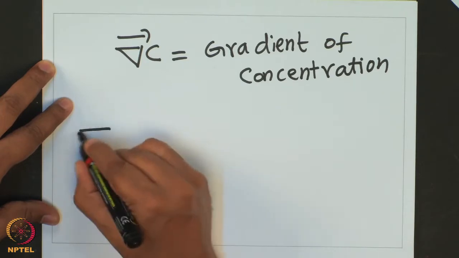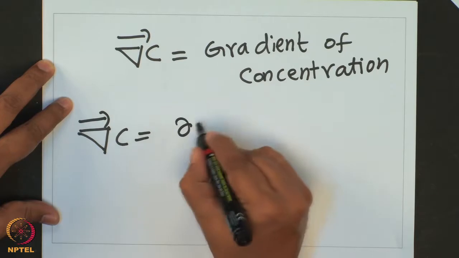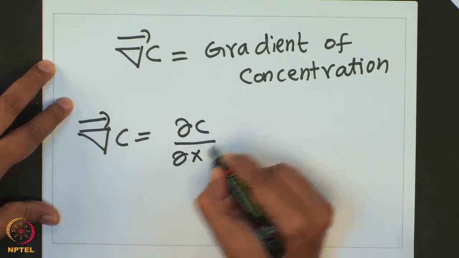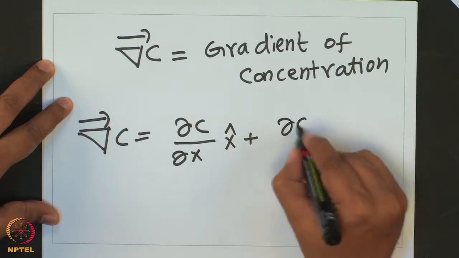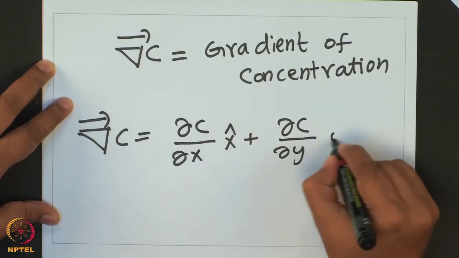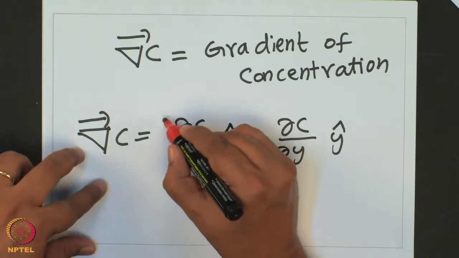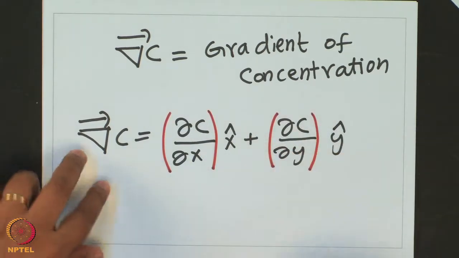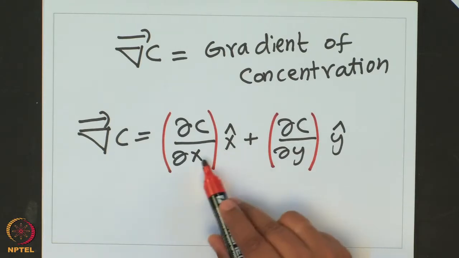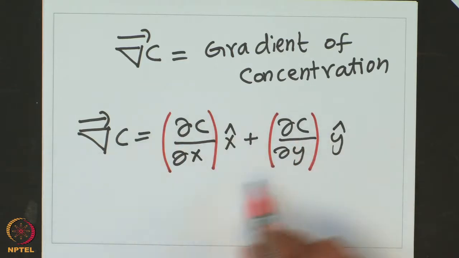What is the definition of del C? In two dimensions, del C is del C by del x along x cap plus del C by del y along y cap. So this is the definition. As we know, del C by del x will give us a number, and this will also give us a number. Along x this is the change, along y this is the change, and this is the gradient in two dimensions.